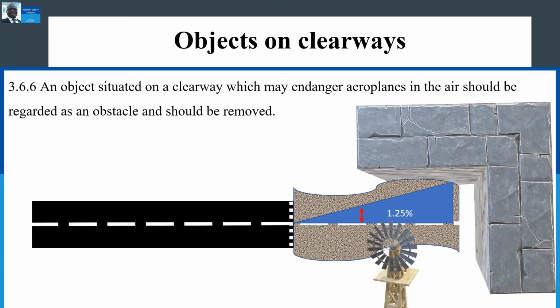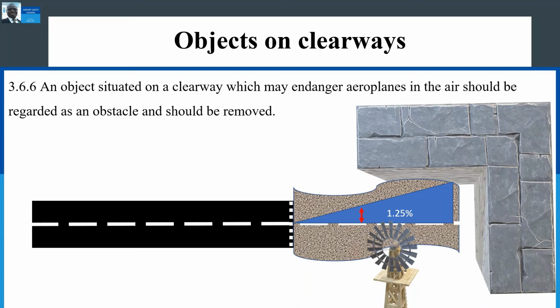Remember, it may endanger aeroplanes in the air, so that any equipment or installation that is required for navigation purposes on the Clearway should be of a minimum mass and height, should be frangibly designed and mounted, and sited in such a manner as to reduce the hazard to aircraft to the minimum.